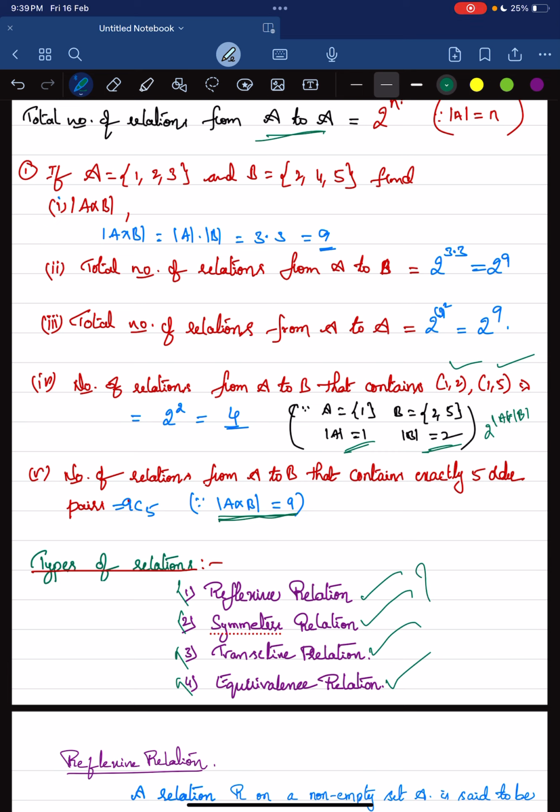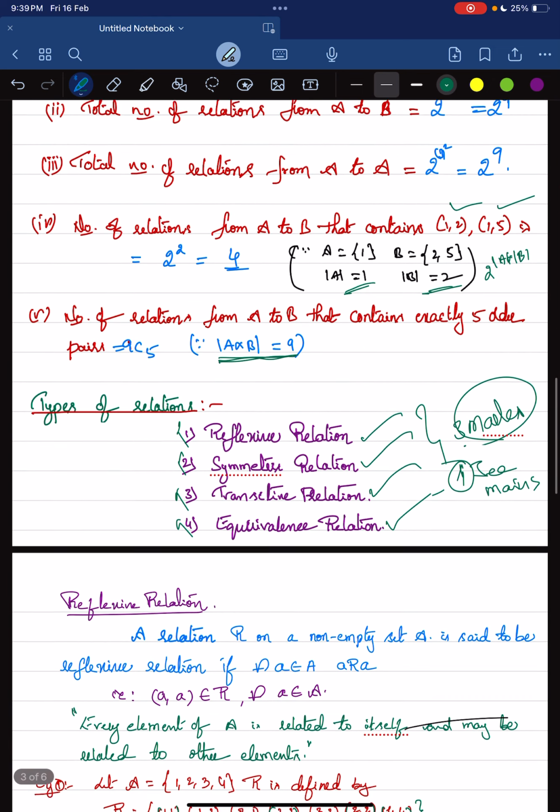From these you will get one 3 marks question for the board exam and one JEE Mains question. One JEE Mains question is important from this concept.